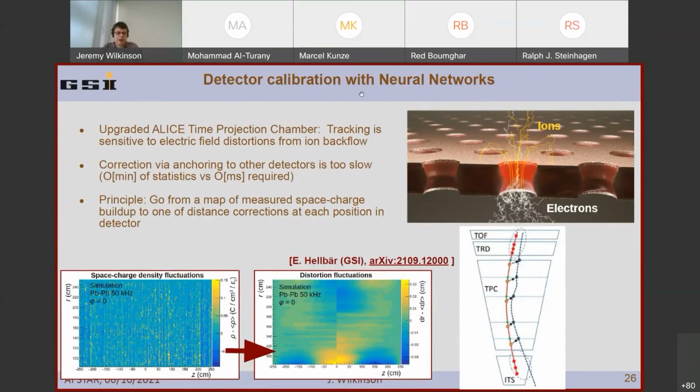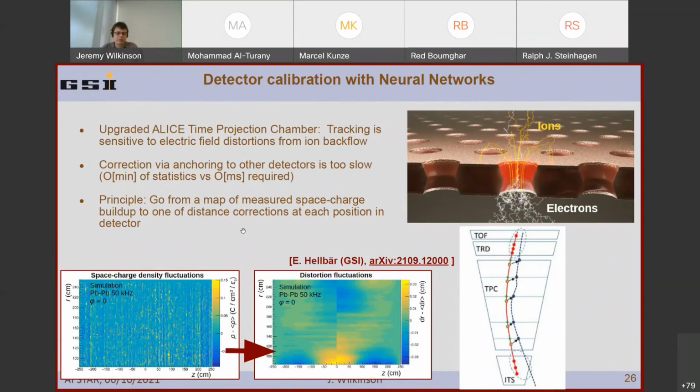The tracking in this new detector is quite sensitive to distortions in the electric field from ion backflow, which can then lead to a distortion of the track that we end up reconstructing in the detector. One method that can be used to correct for this is to anchor tracks to the response from other detectors, but typically this requires statistics on the order of minutes to be able to make this correction, while the fluctuations that we're dealing with are on the order of milliseconds.